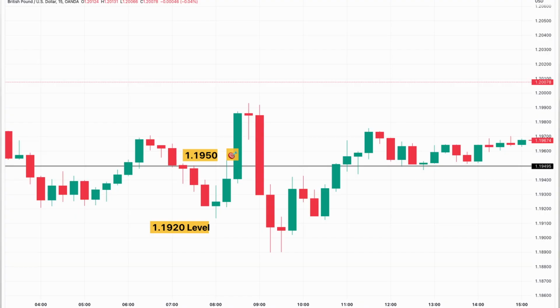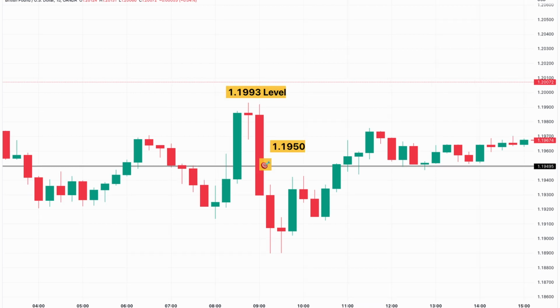Pound dollar is trading at 119.20, starts to rally, boom, 119.50 is hit. Then it rises to a high of 119.93, U-turns lower, starts to move quickly. When it is at 119.70, you sell, set your target for 119.50, and bingo, the target is hit again.